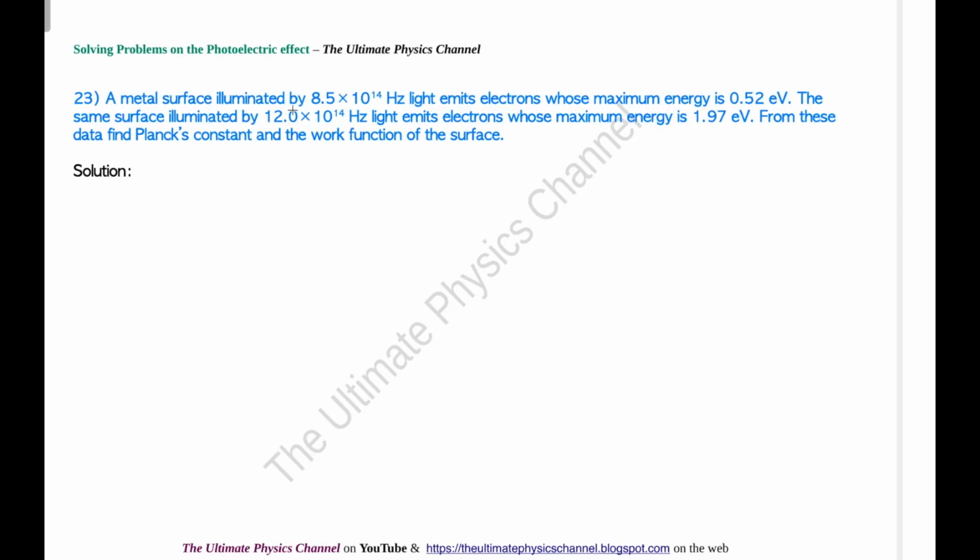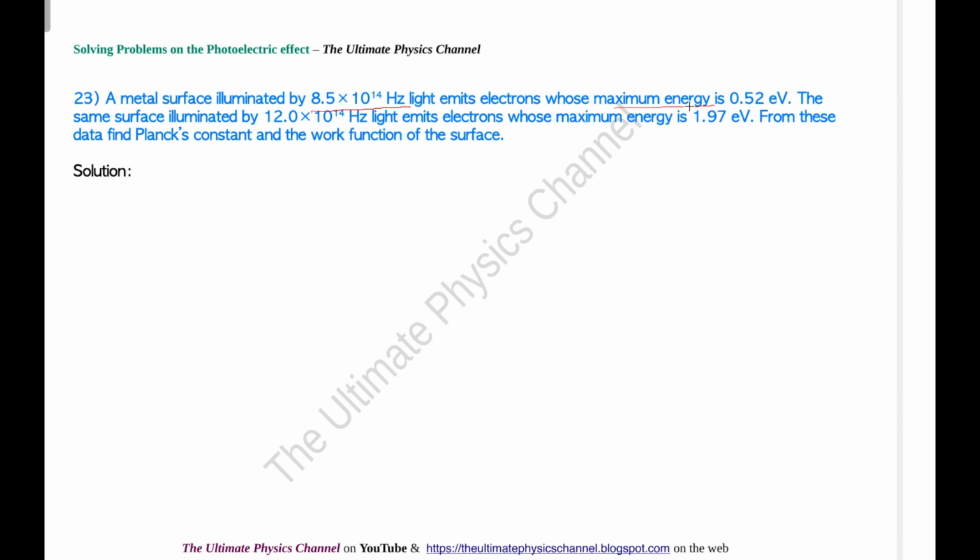A metal surface is illuminated by light of frequency 8.5 into 10 power 14 hertz, and that emits electrons whose maximum kinetic energy is 0.52 eV.